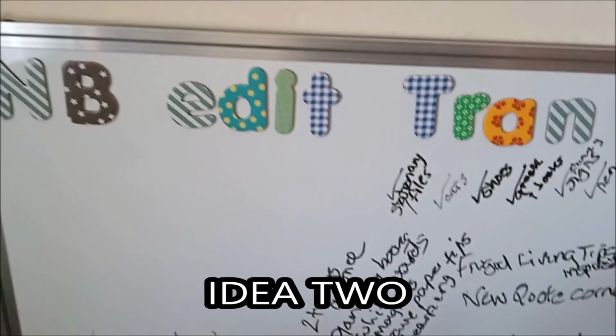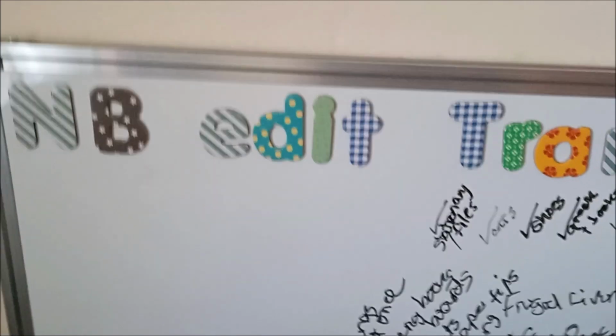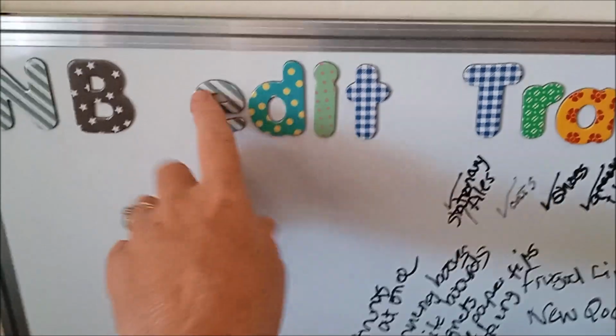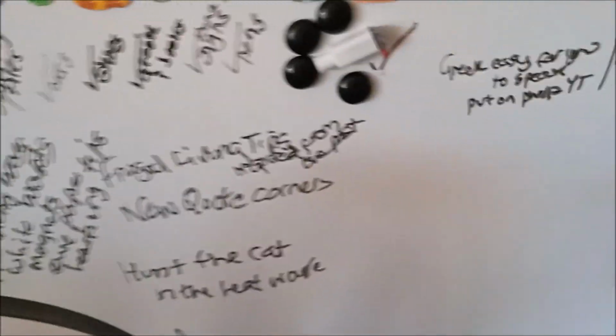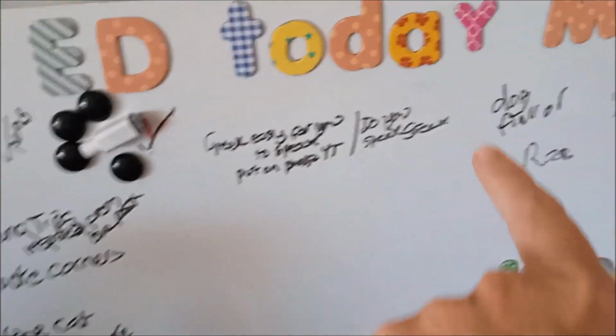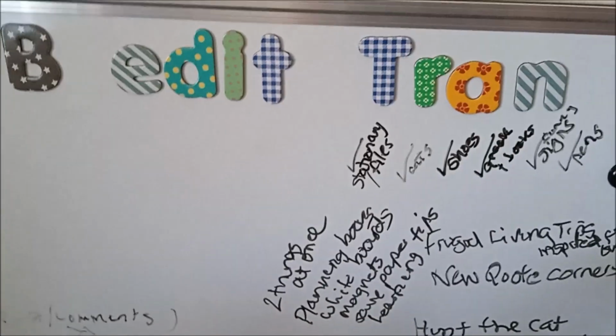Whiteboard is another way, and I use, as you can see, magnetic letters, but of course you're still going to be using pens, whiteboard pens. So that's a semi option to going paper free.